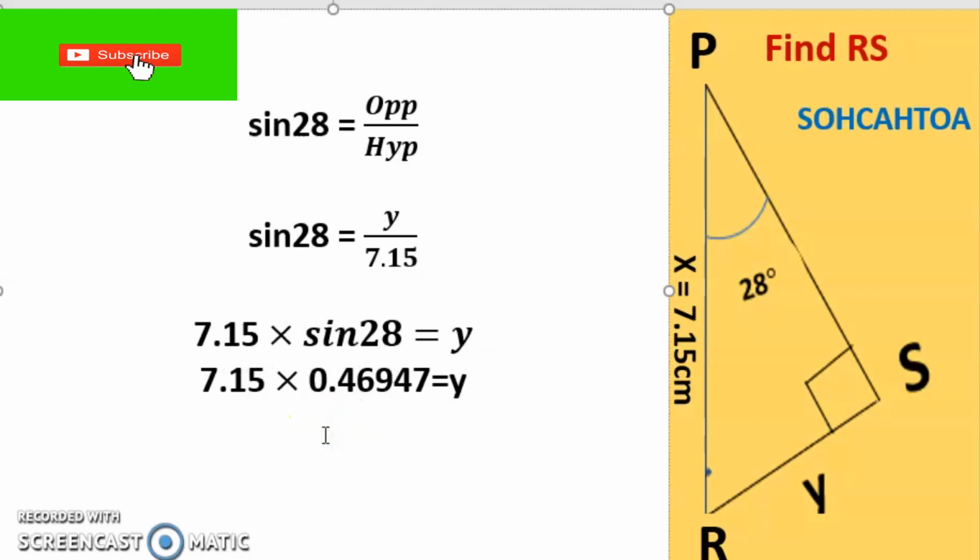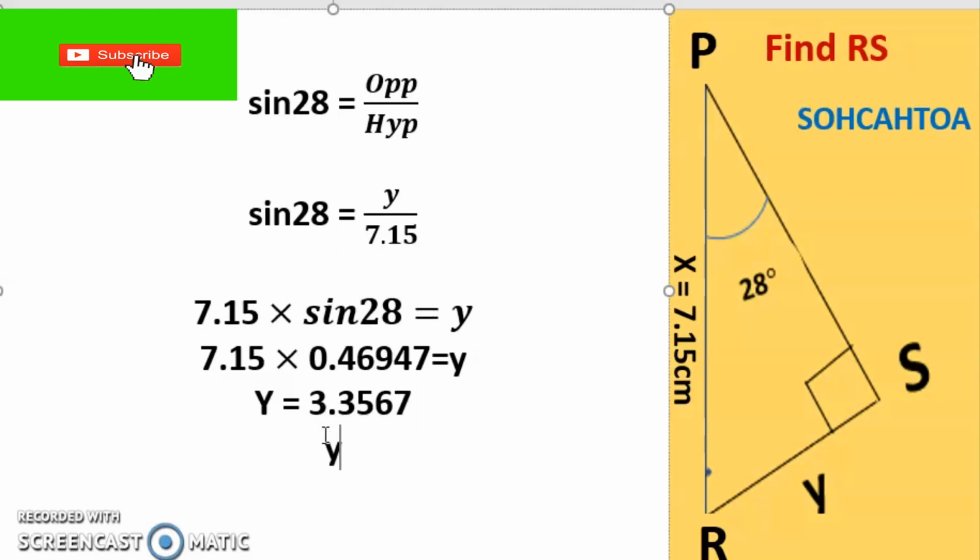If you multiply, your value for Y will be equal to 3.356. But since we are asked to express our answer to three significant figures, it becomes 3.36 centimeters. So the value for Y is 3.36 centimeters.